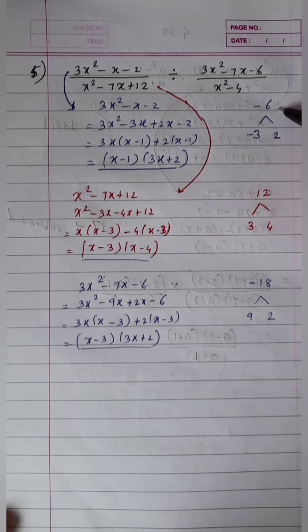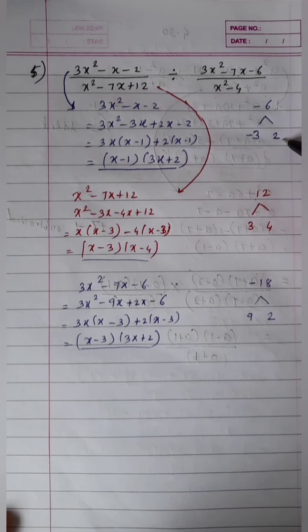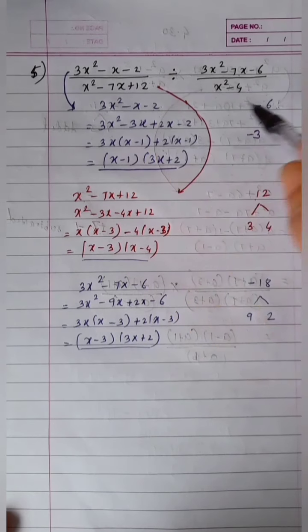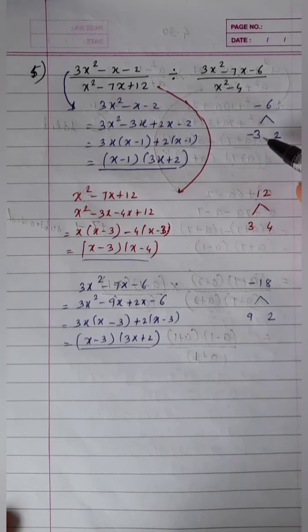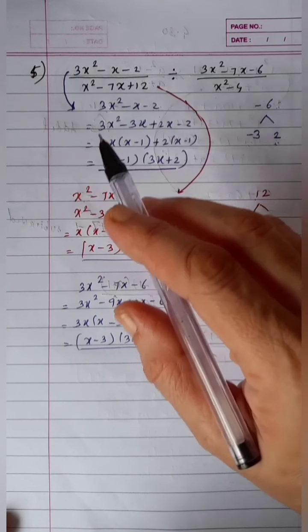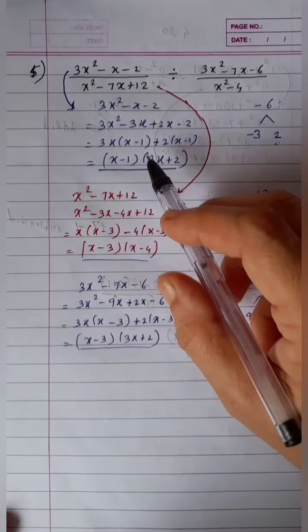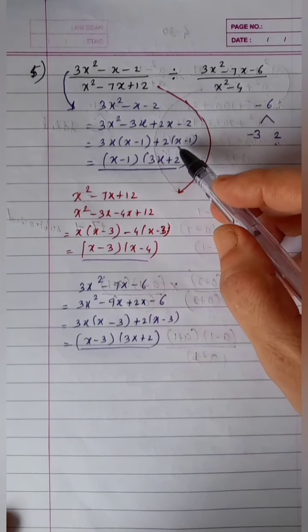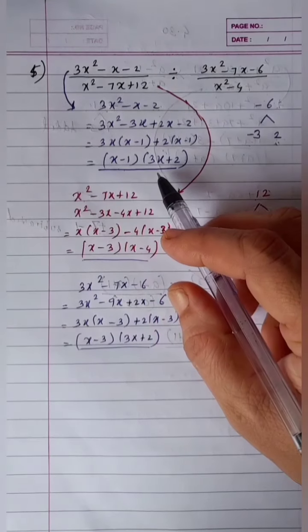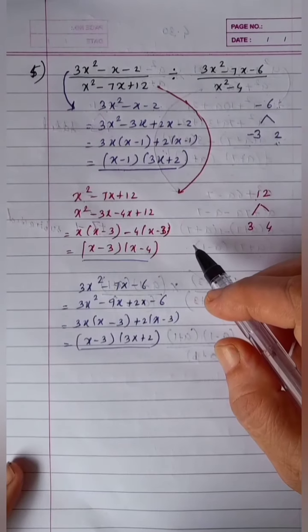Since the product is negative, we find the difference of the two factors. 3 and 2, the difference is 1. So we just substitute the values. When we further solve this, we get the factors as x minus 1 and 3x plus 2.